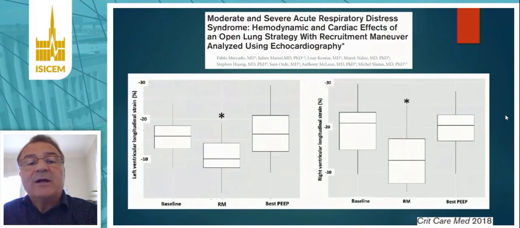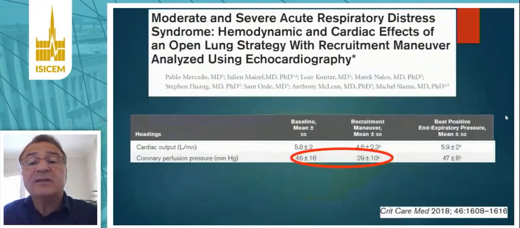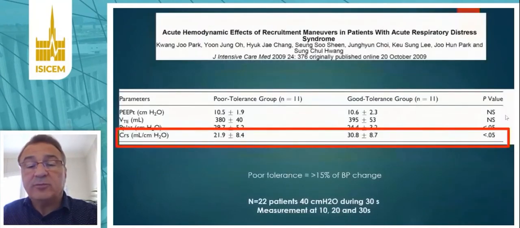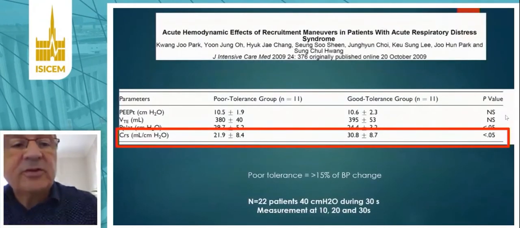But again, after titrating a good and high PEEP, we have no systolic dysfunction of the left ventricle, despite a higher PEEP than we had at the baseline. And this is maybe due to the fact that during the recruitment maneuver, we decrease the coronary perfusion, as was well demonstrated in our study.